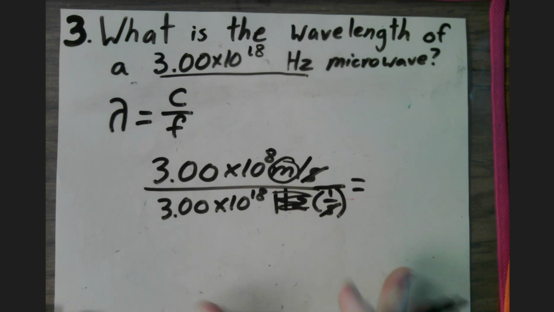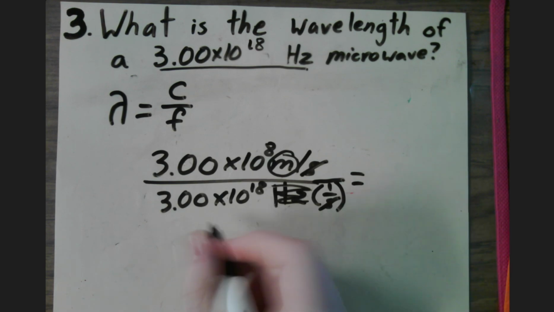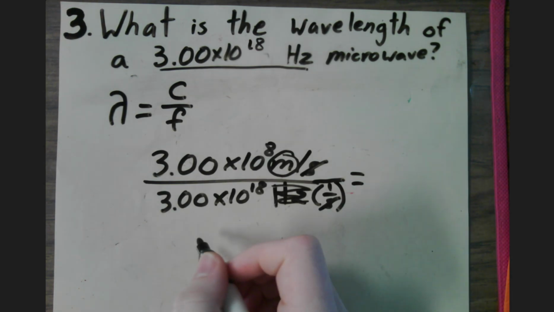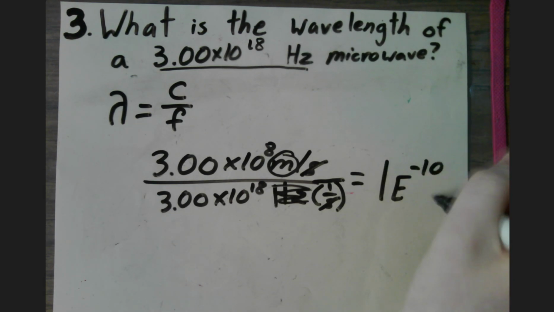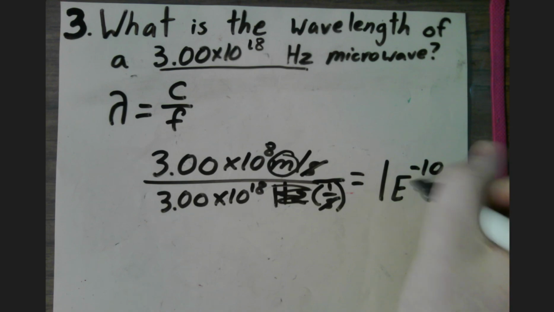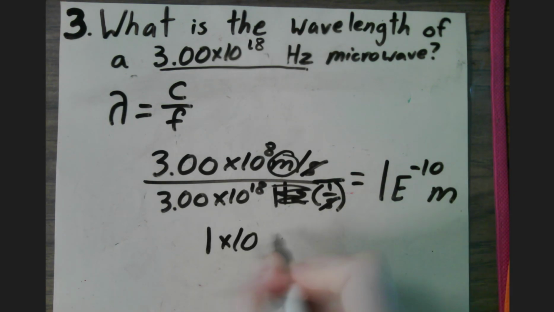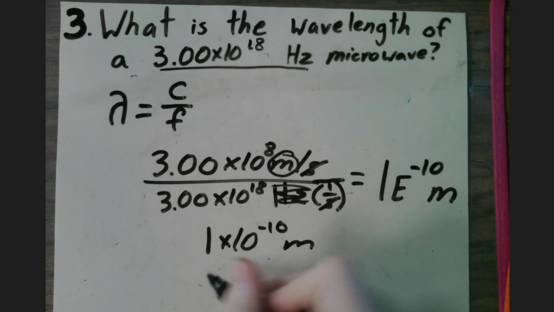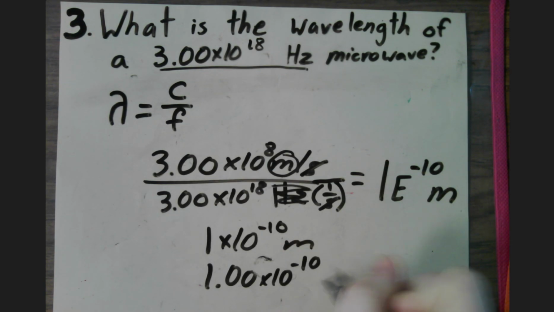After we multiply that together, this problem we're going to put in scientific notation. On your calculator, you'll probably see something like 1E negative 10, and then you're going to add your units. This is the exact same as 1 times 10 to the negative 10th meters, and the exact same as 1.00 times 10 to the negative 10th meters.